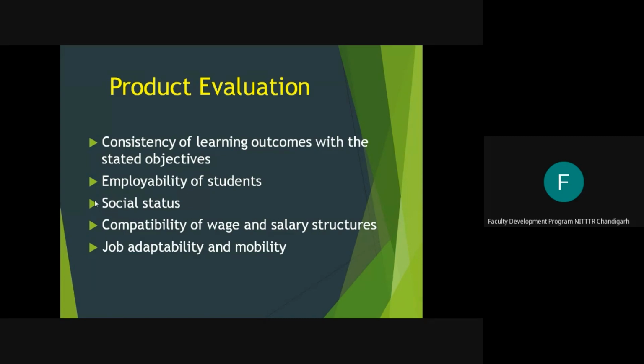So the number of students who are getting employment, I think that should be your outcome. Maybe if you have 300 students who are passing out, and out of them 200 students are getting employment, maybe through campus interviews, or maybe after 1 month, 2 months. So that is the number. That is your real product.